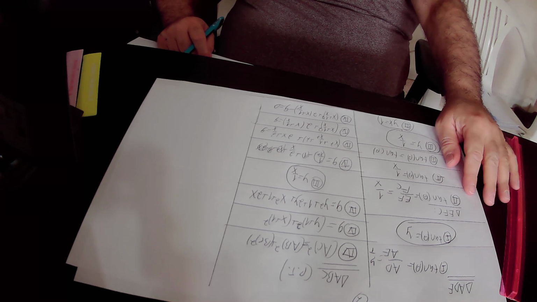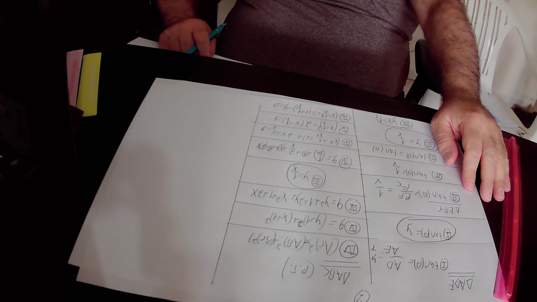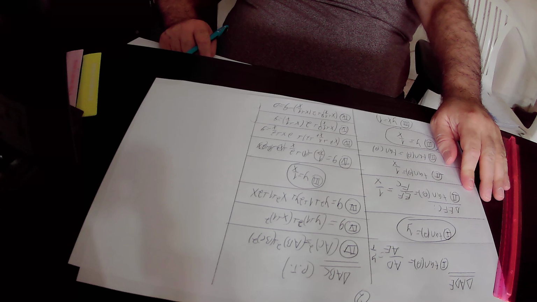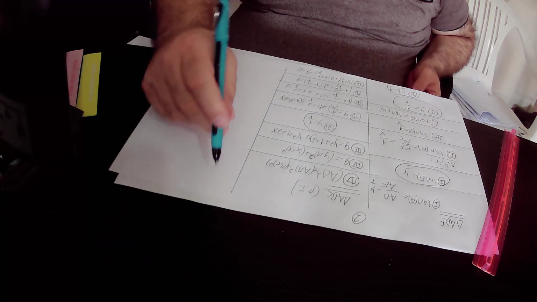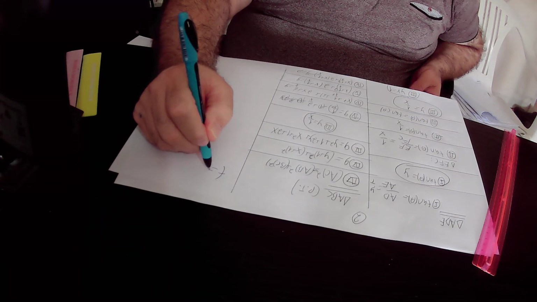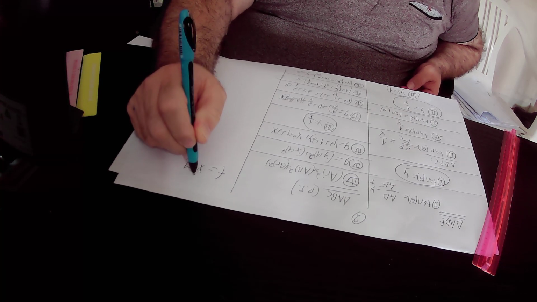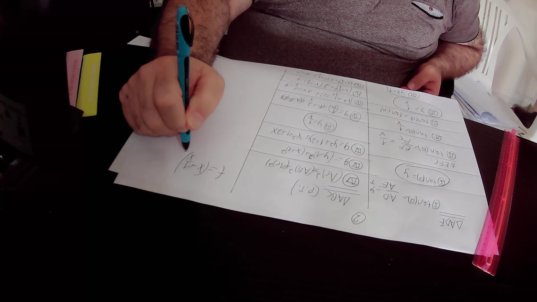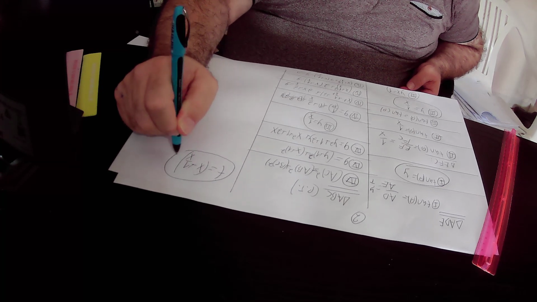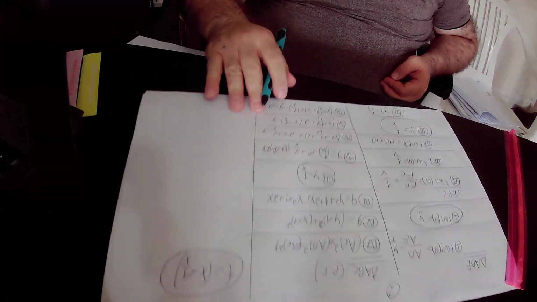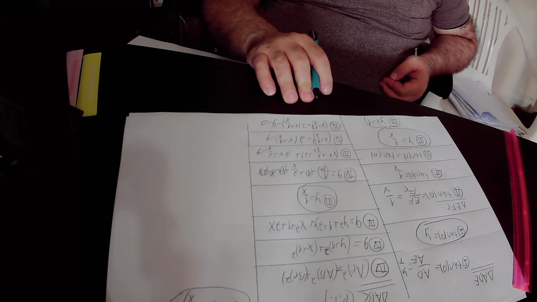So here we will define t as equal to x plus 1 over x. Again, t is defined as x plus 1 over x. And then we will substitute x plus 1 over x in equation number 4 by t.